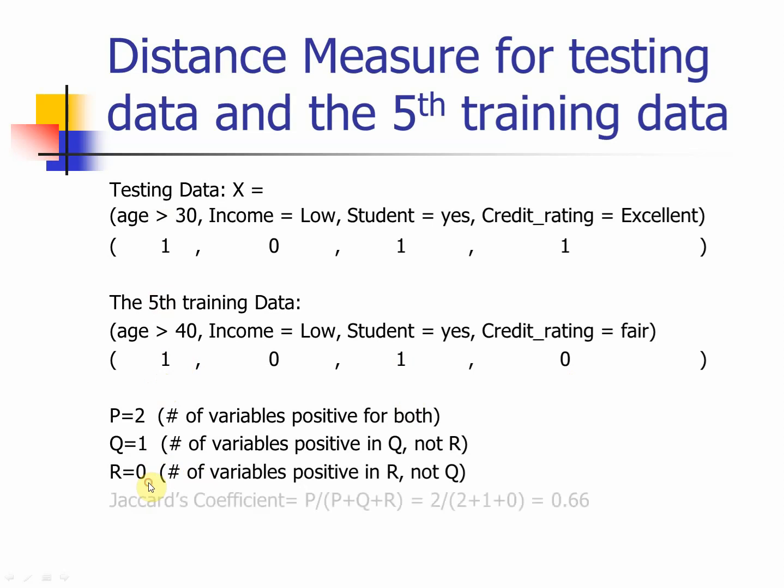Therefore, with all of P, Q and R, the Jaccard's coefficient for the 2 samples that we are looking at is 0.66. So that covers the ideas of the binary data set applied to k-nearest neighbor, and this is basically what I want to discuss with you guys in the k-nearest neighbor topic.